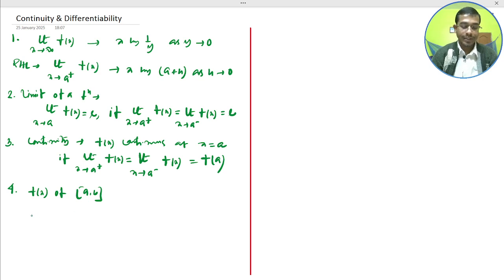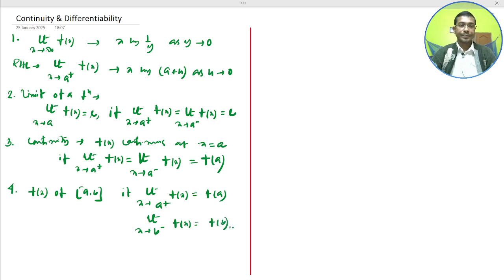First, f(x) is continuous at a if limit x tends to a plus of f(x) is equal to f(a), and continuous at b if limit x tends to b minus of f(x) is equal to f(b). This is the condition.